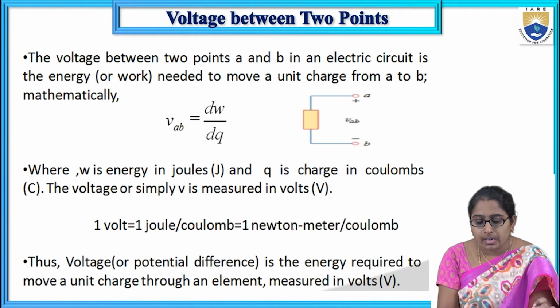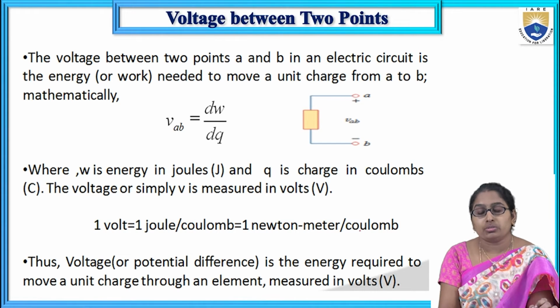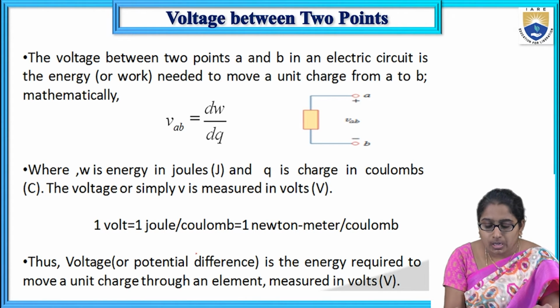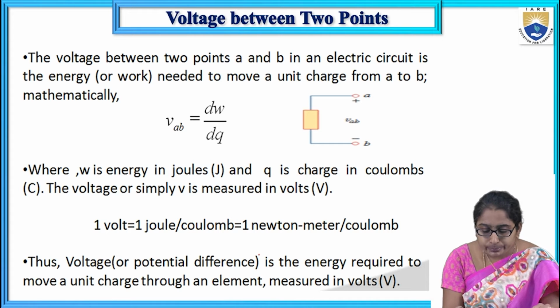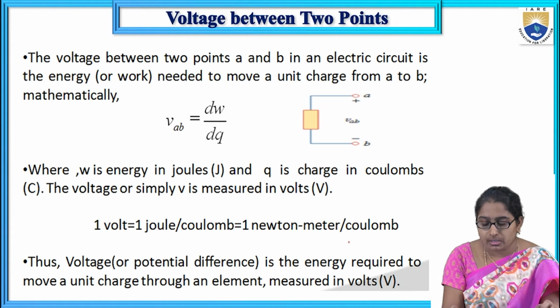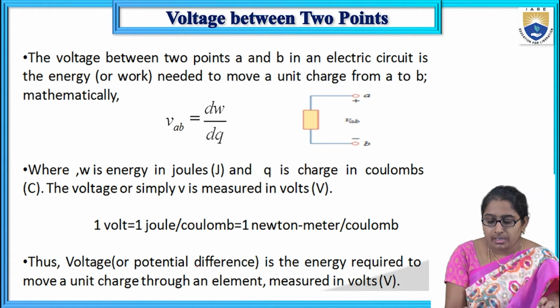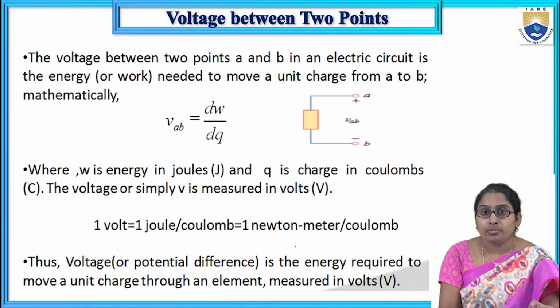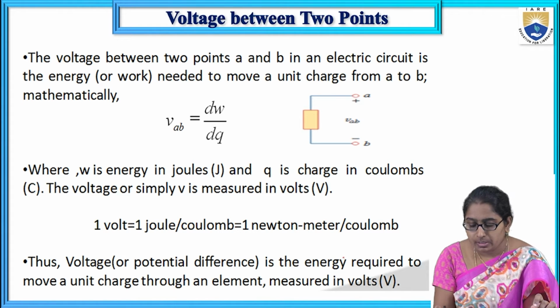It is also written as joule means Newton meter, so Newton meter over coulomb. This voltage between 2 points is also called potential difference. It is the energy required to move a unit charge through an element, and it's measured in volts.